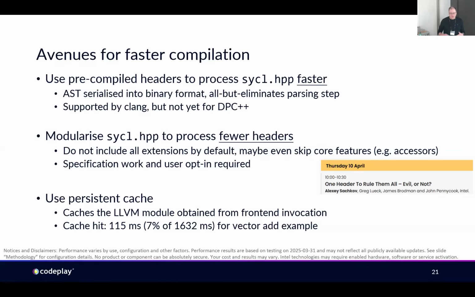And as you've just seen, this gets us the majority of the benefits of caching. So we're doing that, and I measured for a cache hit, this takes then 150 milliseconds, so 7% of the uncached runtime for the vector example. So still not negligible, but a significant improvement overall.